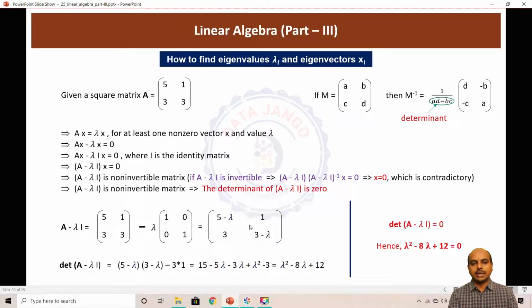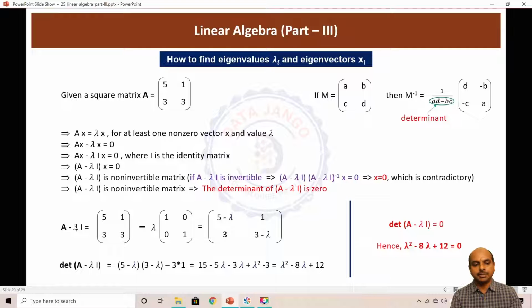When you subtract, you get 5 minus lambda, 1, 3, 3 minus lambda. So AD minus BC means this multiplied by this minus this multiplied by this. So (5 minus lambda) into (3 minus lambda) minus 3 into 1 gives an equation. This is equal to 0, the determinant is equal to 0.